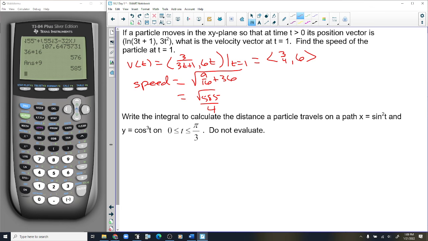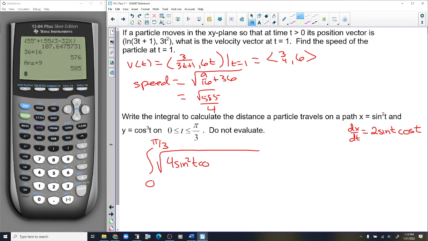So the distance traveled, that's the integral from 0 to pi over 3, but we need some derivatives here. dx/dt is equal to 2 sine of t times the cosine of t. So that's going to be the square root of 4 sine squared t cosine squared t.